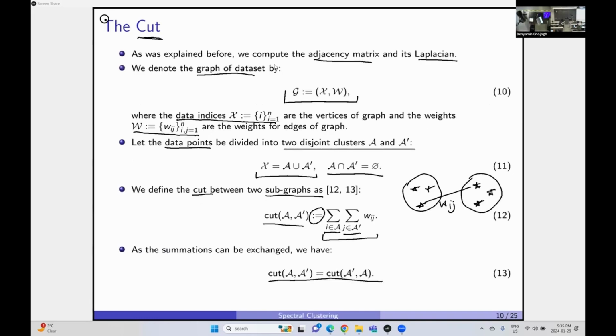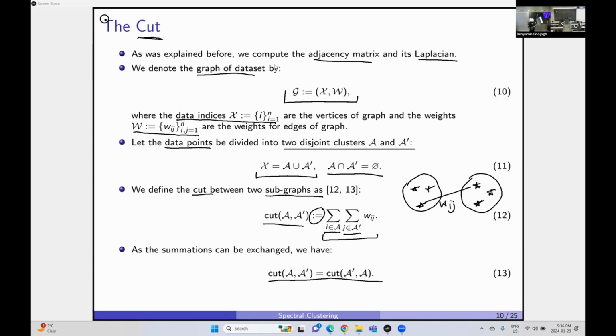What was the cut? We said, assume we have a graph of data X and W, where X is the data instances, or data points, which we can see as the nodes of the graph. And the Wij's, the elements of the adjacency matrix, you can see them as the weights of the edges, right? And then we said, so what is a cut? A cut is defined as equation 12, the summation of the weights of the edges where one side of the edge is in one part, and the other side is in the other part.